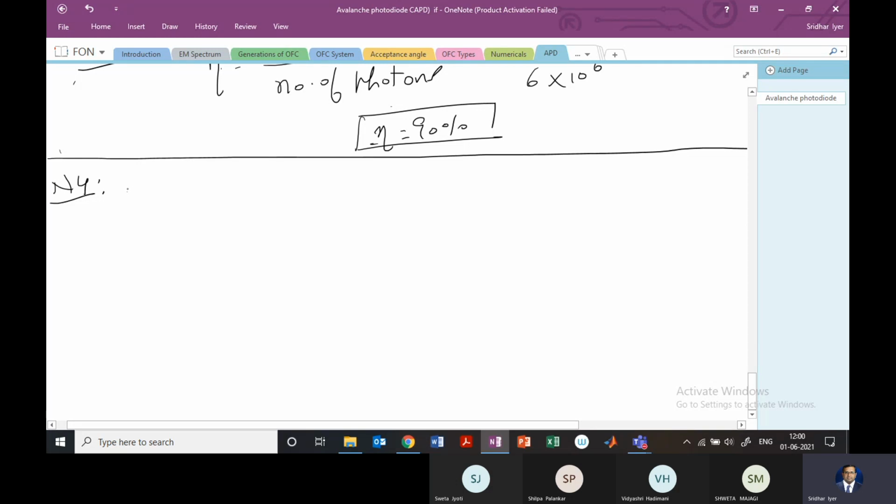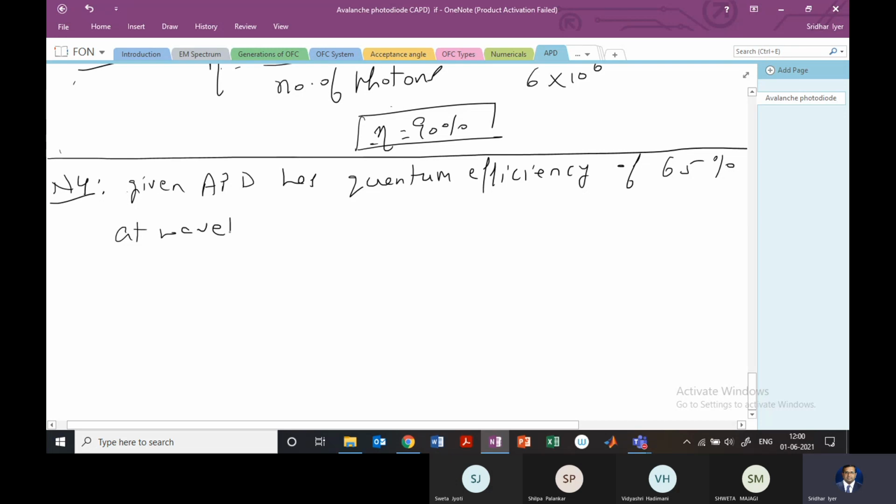A given APD has quantum efficiency of 65% at a wavelength of 900 nanometer.